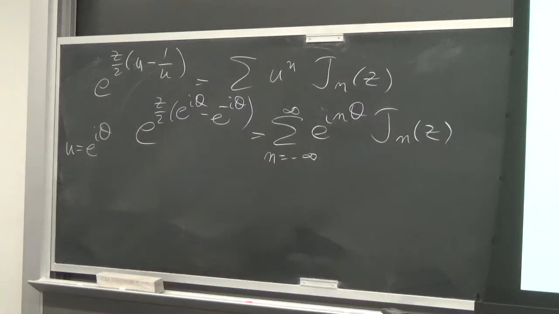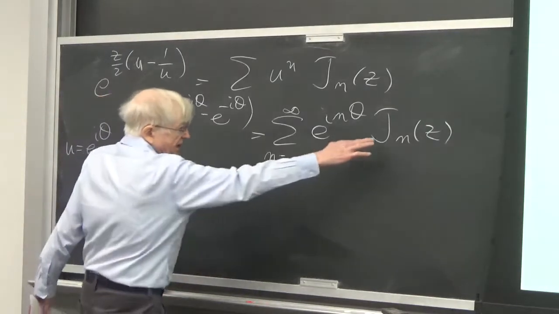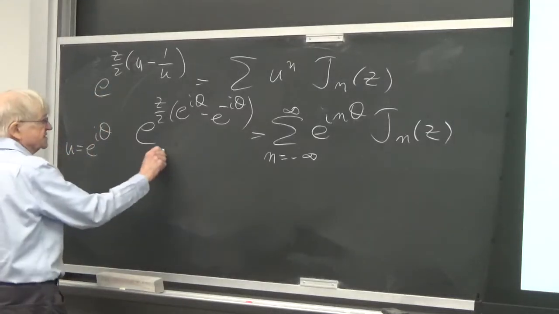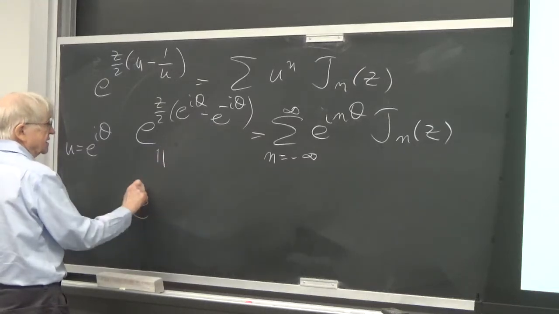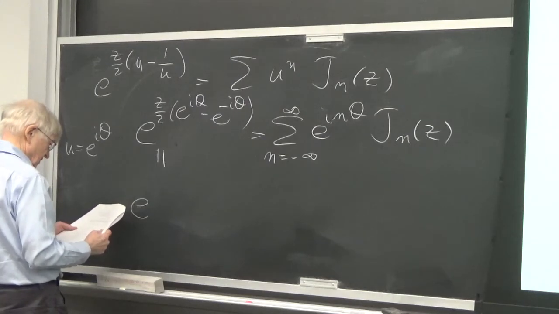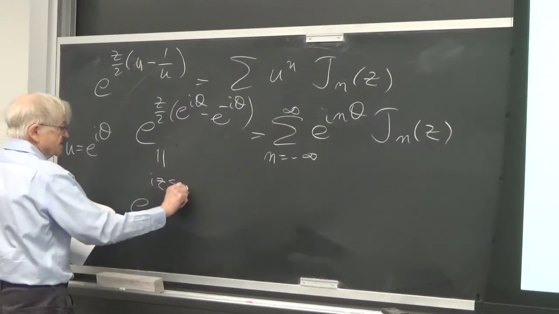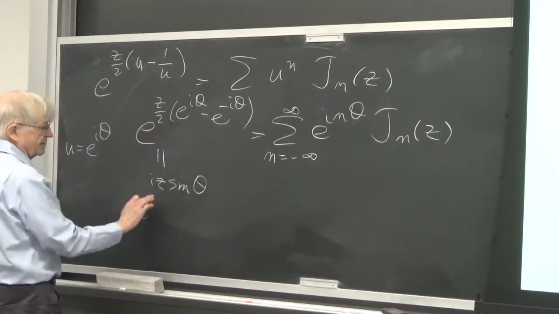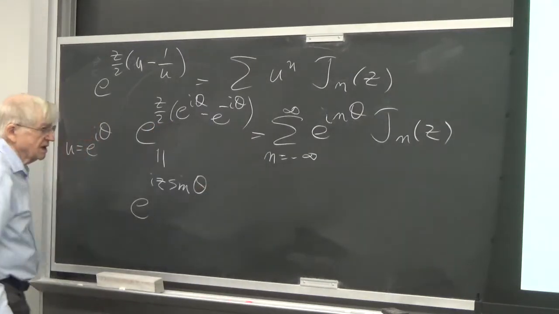So this allows one to find an expression for J_n in terms of what's on the left-hand side, and what's on the left-hand side is really, let me get the sign right, e to the i z sine theta. So in other words, we divide by 2i, multiply by i, we get e to the i z sine theta is then this sum here.